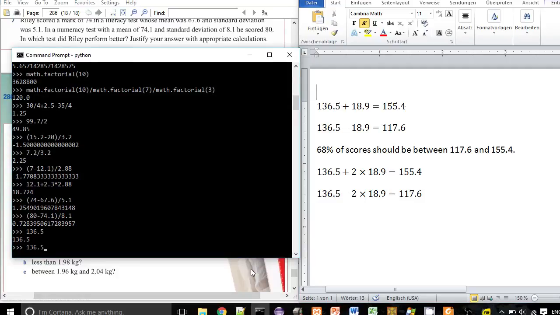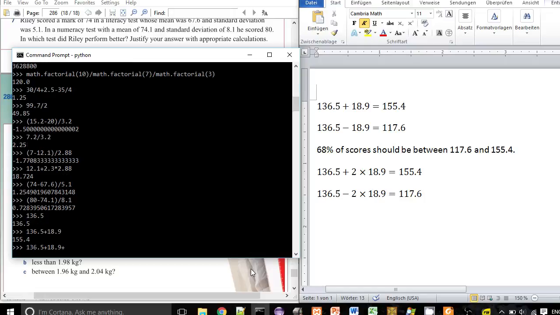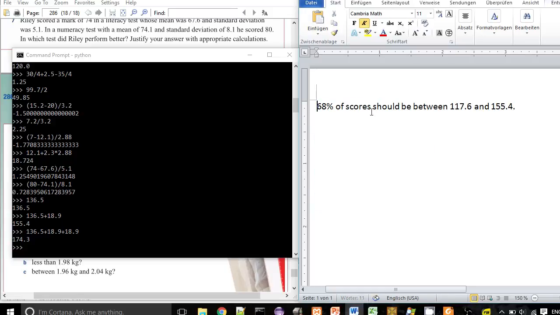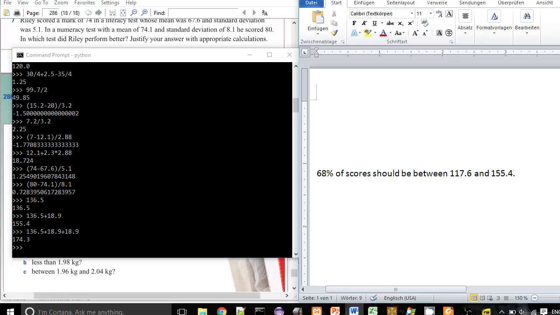You got that number, add 18.9, add 18.9, so 174.3. I hope you know what I mean. Actually, look, I'm just going to do that. Let me get rid of all this. I just decided this would be easier. That's correct, but let's put 136.5 in the middle. Okay, so then we've got 155.4, and we've got 174.3, and then let's add 18.9 again.